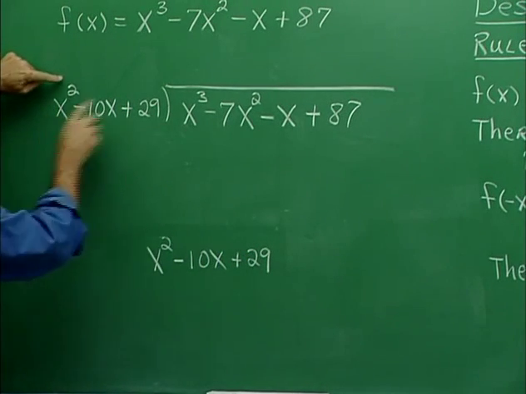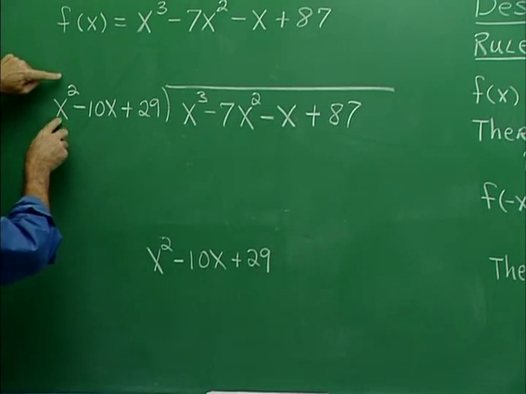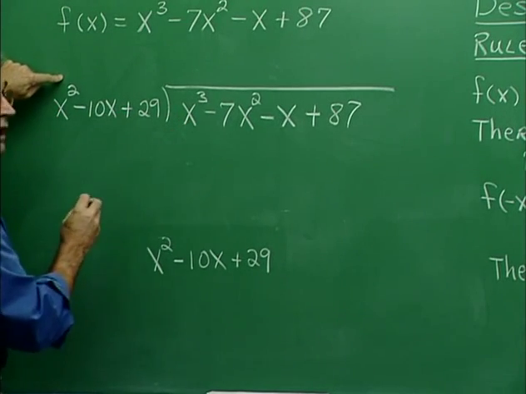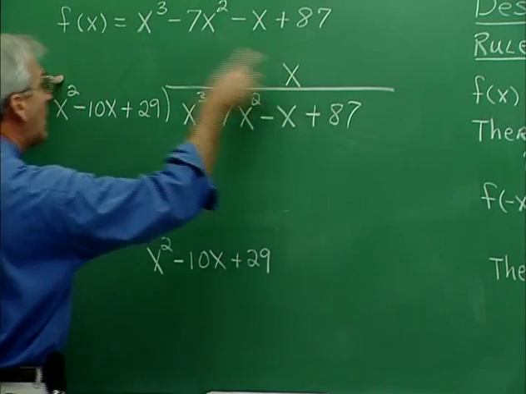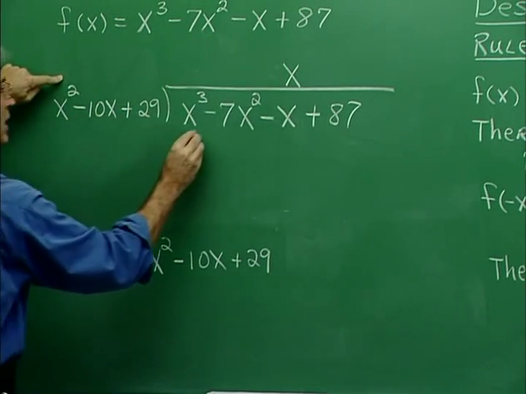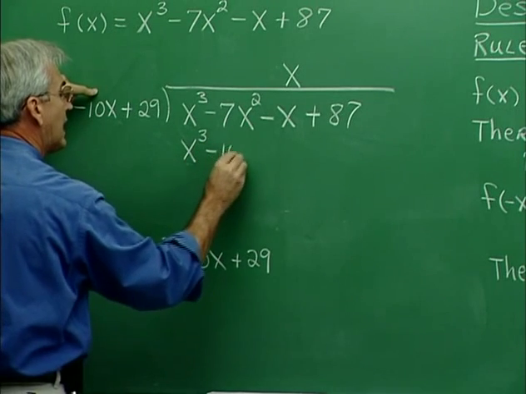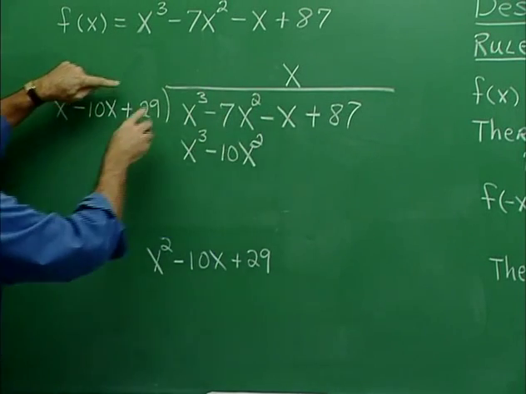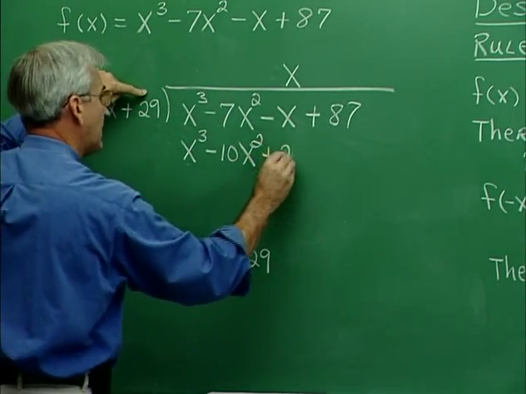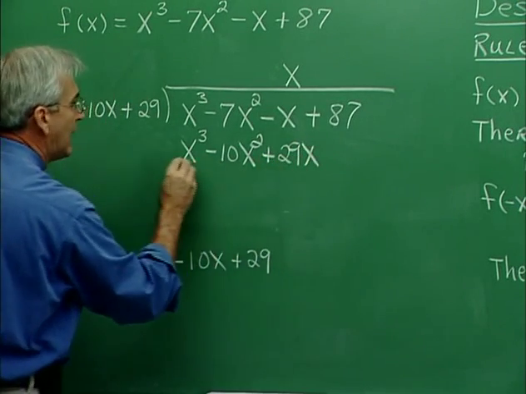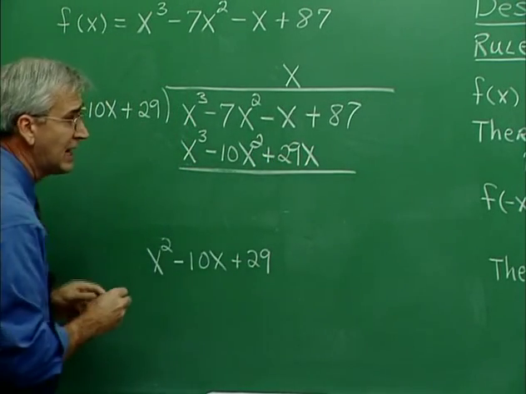All right, we're dividing. First term into first term: x squared into x cubed goes x times, so I'll put the x here. And now I'll multiply back. x times x squared is x cubed, and then x times minus 10x is minus 10x squared, and then x times 29 is 29x. Then we draw the line and subtract, which means that we change signs and add.